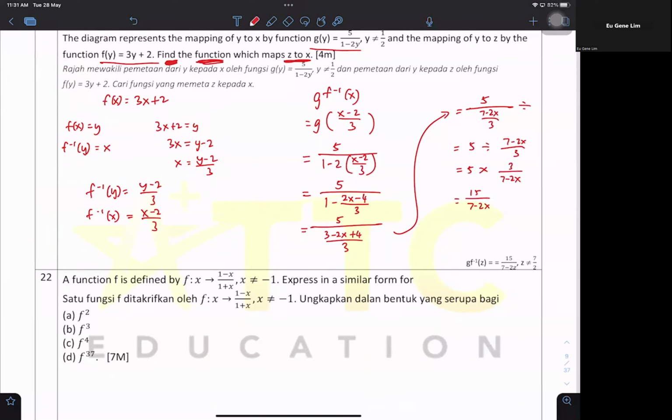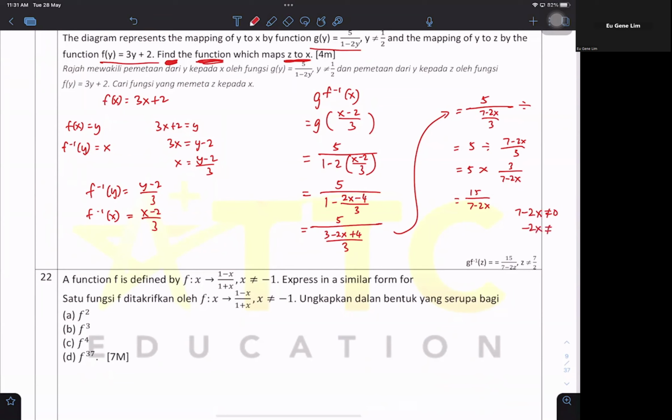Understand? Oh, yeah, the bottom part cannot be 0. If the bottom part is 0, it will be a math error. So you have to do this: 7 minus 2x cannot equal 0. Bring over.